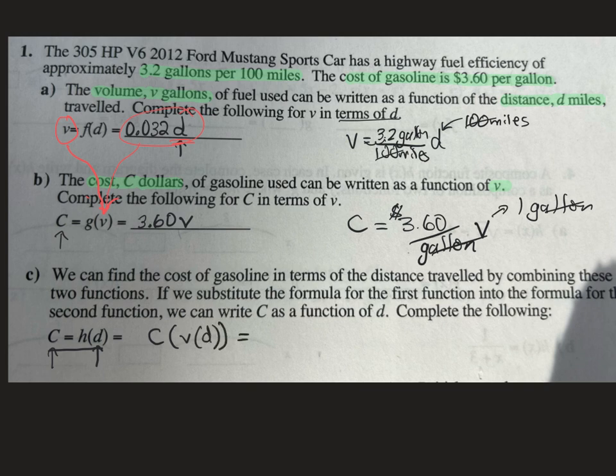They call it F of D, but I'm going to call it V of D. So you would take cost, and then we replace V with what V was equal to. That means 3.60 times, and we replace V with the first equation, 0.032D. And there we go.